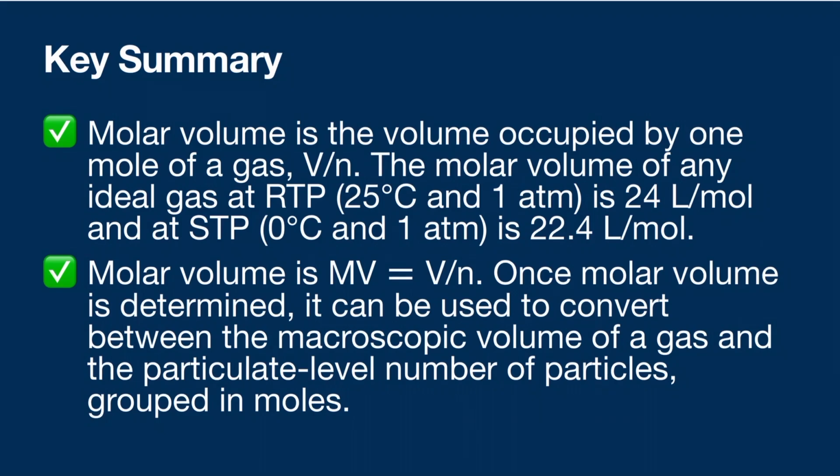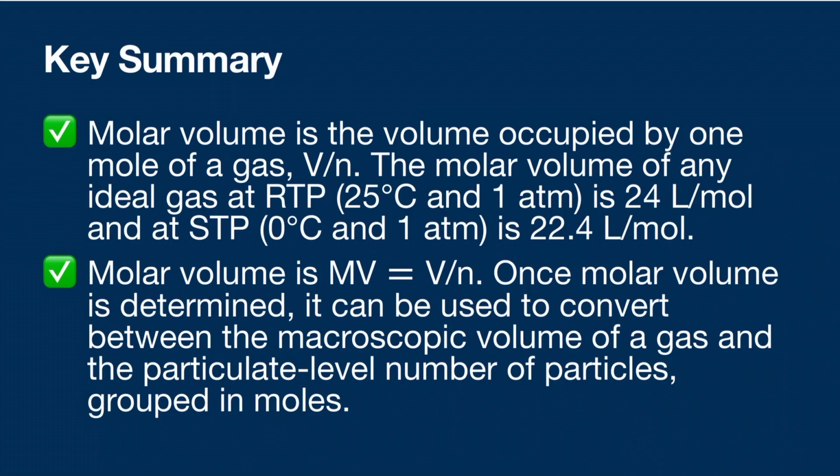In summary, molar volume is the volume occupied by 1 mole of a gas, which is mathematically expressed as V over n. The molar volume of any ideal gas at room temperature and pressure, which is 25 degrees Celsius and 1 atmospheric pressure, is 24 liters per mole.